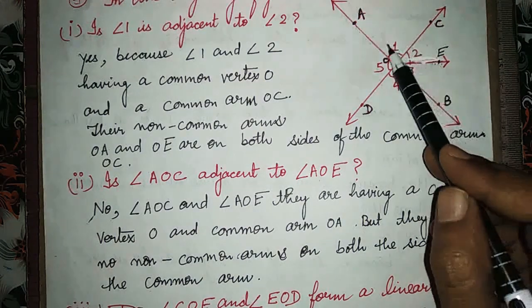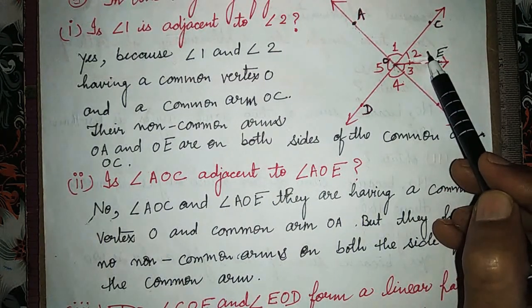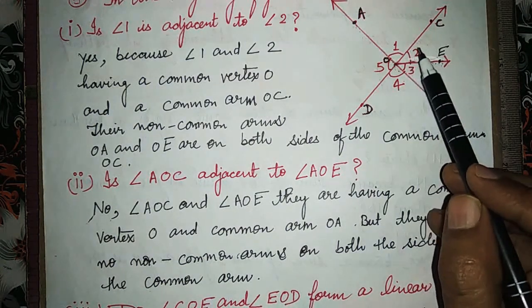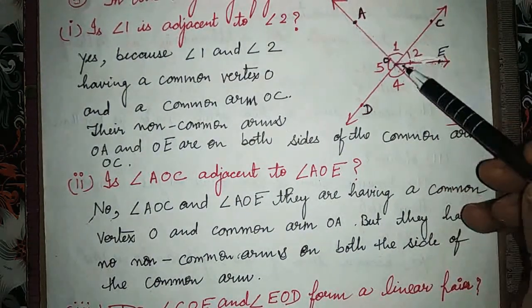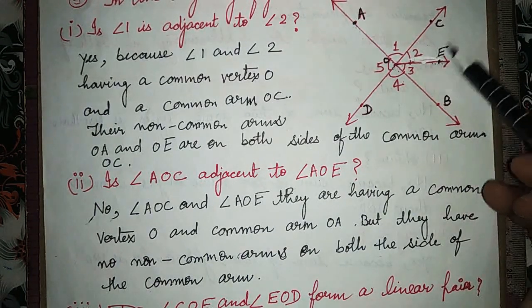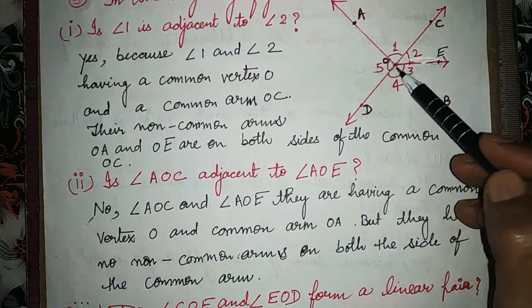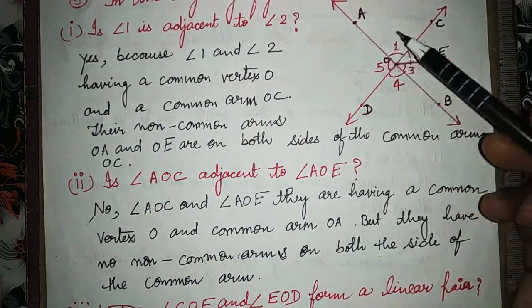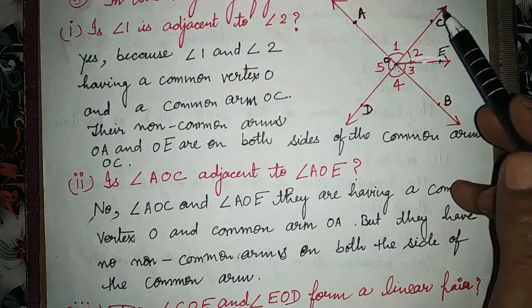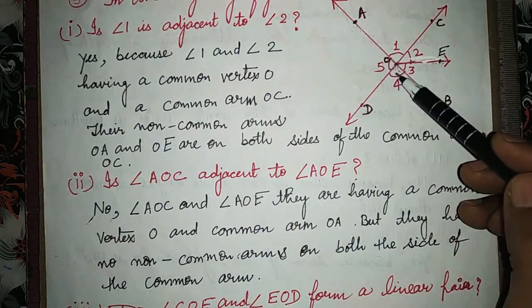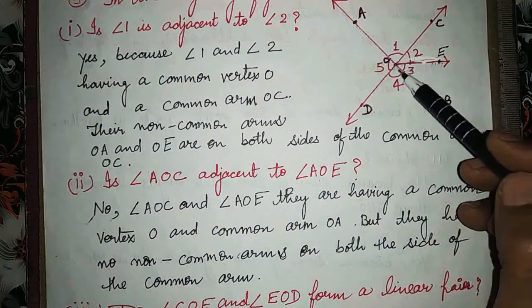So these two angles are not adjacent. So your answer is no, angle AOC and angle AOE have a common vertex O and a common arm OA, but they have no non-common arms on either side of the common arm OA.